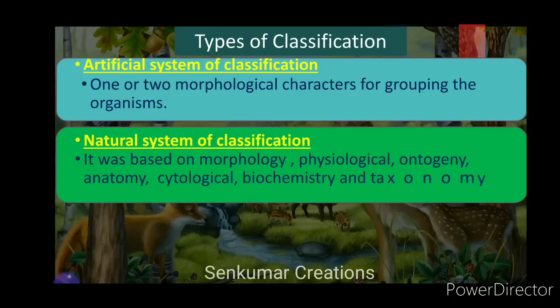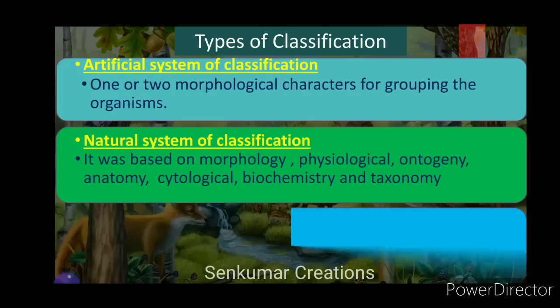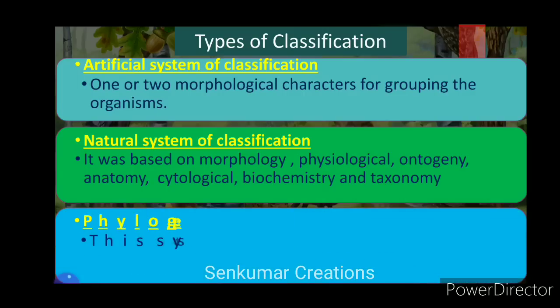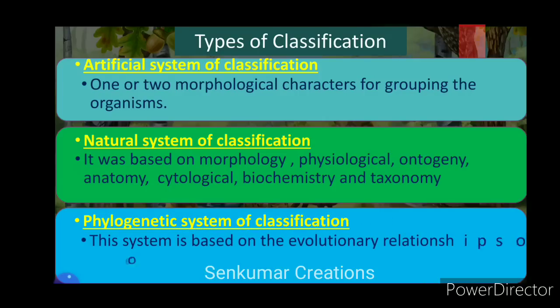Next you can see the natural system of classification. It was based on morphology, physiology, ontogeny, anatomy, cytology, biochemistry and taxonomy. According to these things organisms are classified, and we call this the natural system of classification. The phylogenetic system of classification is based on the evolutionary relationship among organisms.